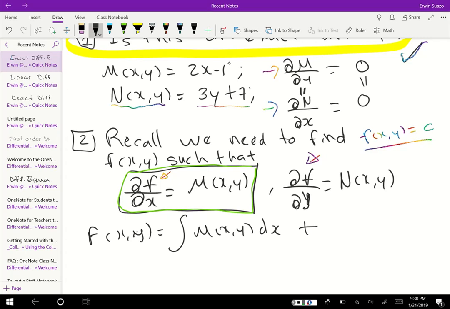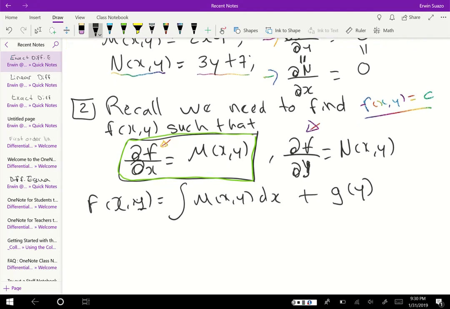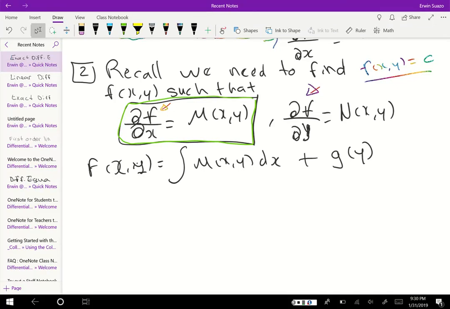But we have a two variables function, so let's call it g of y, okay? Because I'm integrating with respect to x, but the function is a two variables function. So that's my step 2. I need to find a candidate for f, and the candidate is given by that formula.